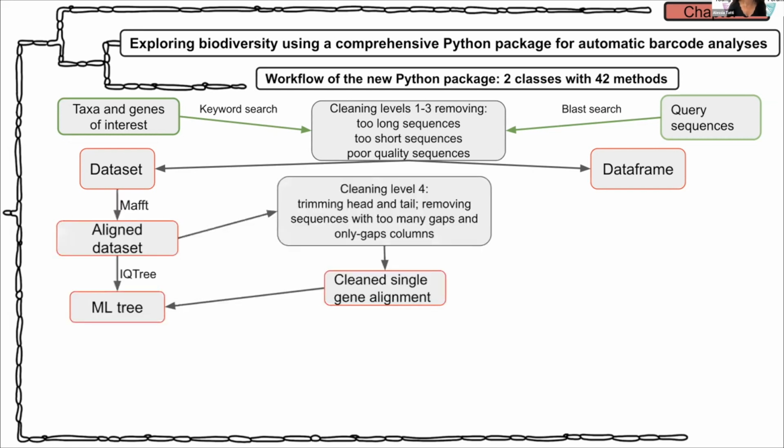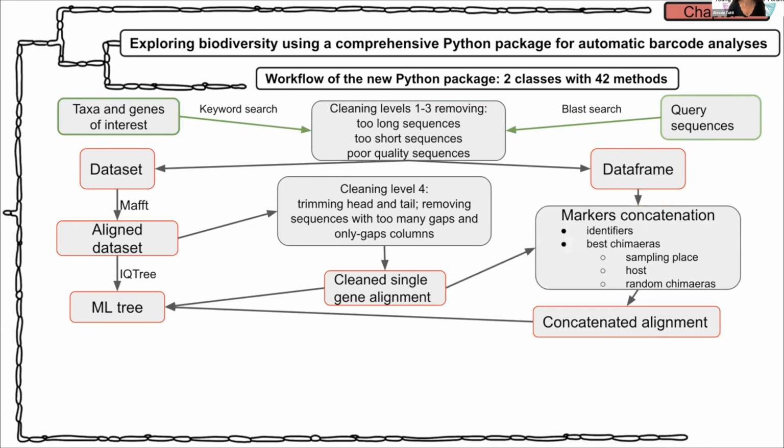In the second part, the code is going to align the data set and then automatically clean the alignment. Then each single gene alignment could be concatenated, different markers, I mean, and then the code is going to give you a maximum likelihood tree.